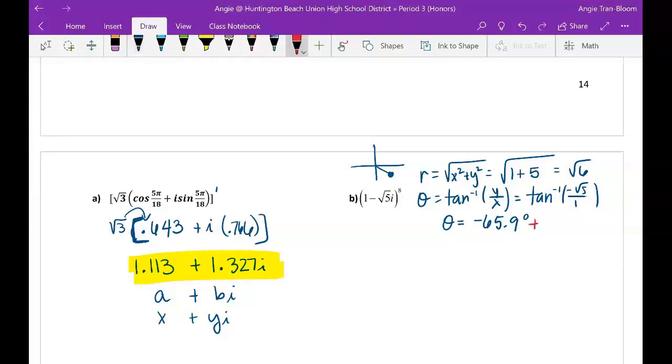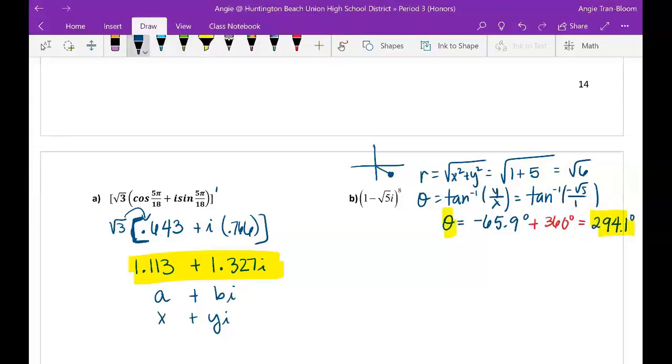Should you add a 360? Sounds like a great idea. So add 360, and we end up with 294.1. Negative 65.9 is the same location in the positive direction, so we're going to use a positive angle.